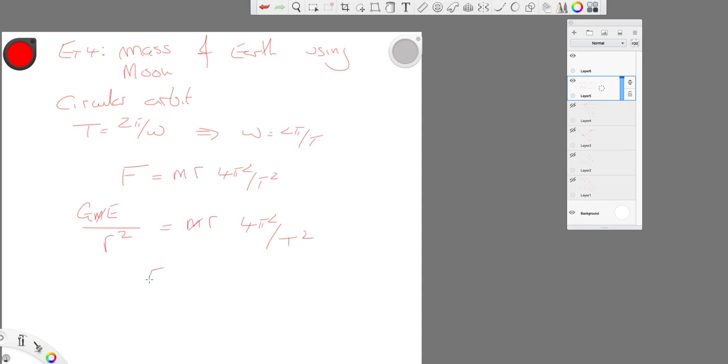We rearrange to get the mass of the Earth as the subject, and we get 4 pi squared r cubed over G T squared. We know this, we know this, we know this of course, and that'll give us 6.8 times 10 to the 24 kilograms. It's not the same, but it's tolerably close.